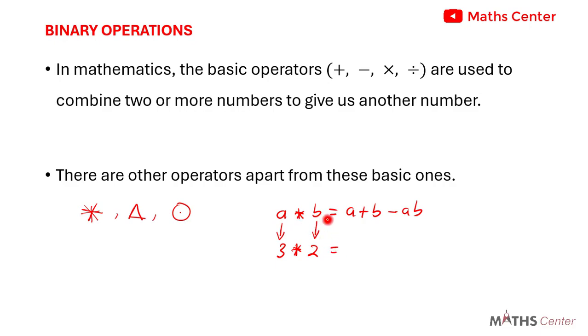So if A star B is equal to A plus B minus AB, then 3 star 2 will be equal to 3 plus 2 minus 3 times 2. 3 plus 2 will give us 5. 3 times 2 gives us 6. 5 minus 6 gives us -1. So using the definition of the operator star, we have been able to combine the numbers 3 and 2 to get a result which is -1.